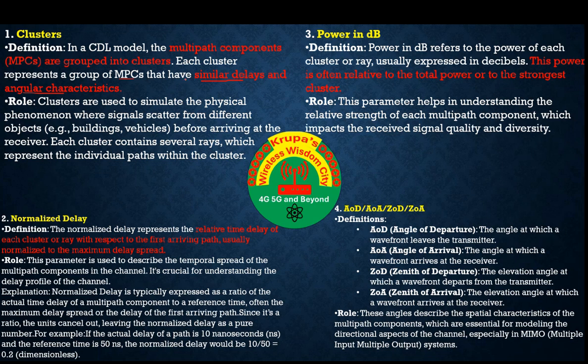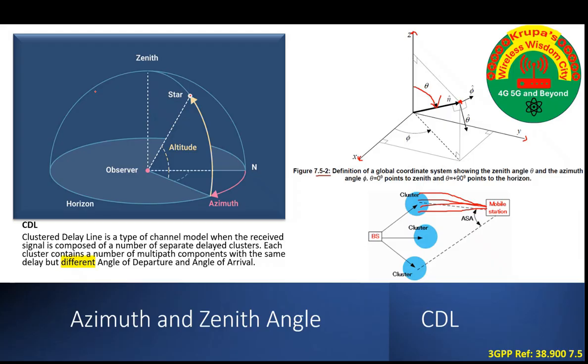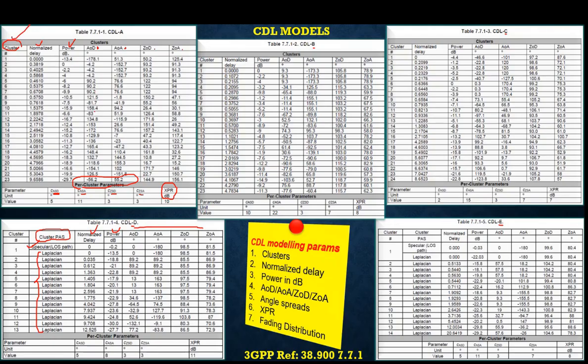So each cluster will have a group of rays or multipath components having similar delay and angular characteristics. That is one of the important points. So this is what we call a cluster, the first point we are covering.